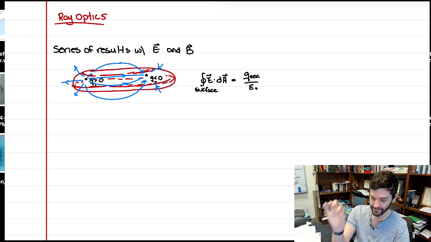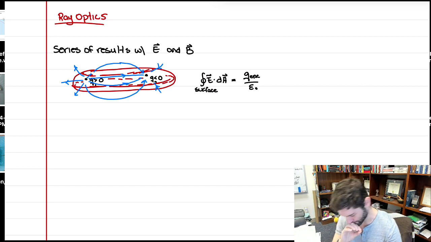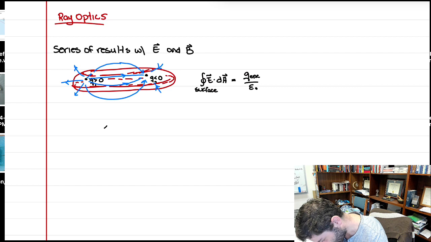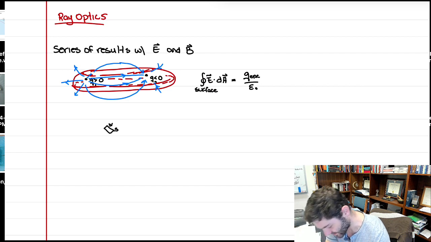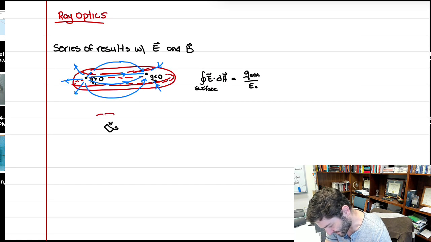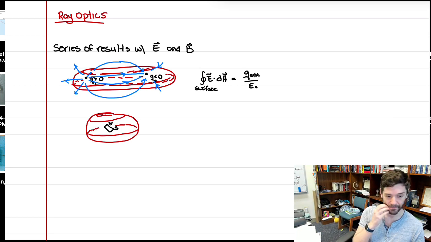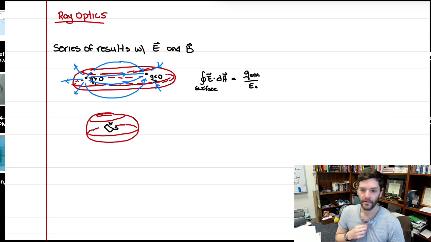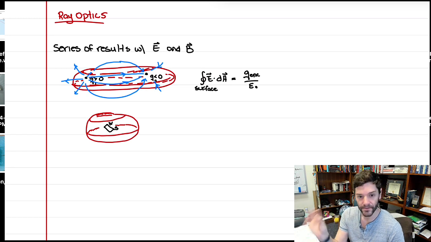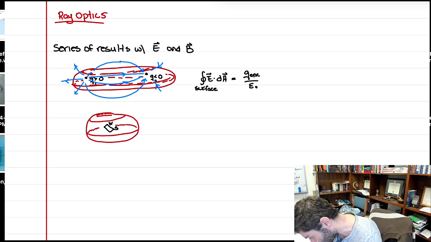And if I cut it in half again, no matter how small I get, with every north pole, there is a south pole attached to it. So a way of thinking about that is that no matter what surface I draw around some sort of magnetic element, which I'm going to just represent as a little bar magnet, for every north pole, there's always going to be a corresponding south pole.